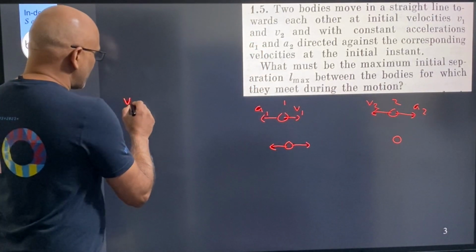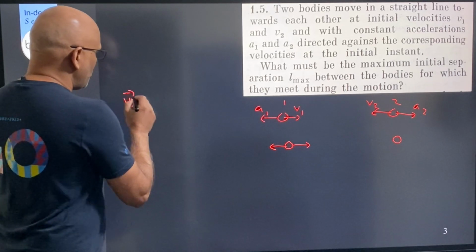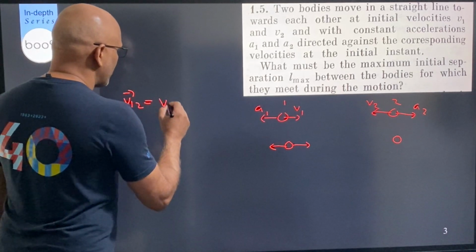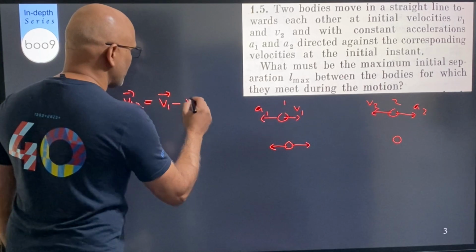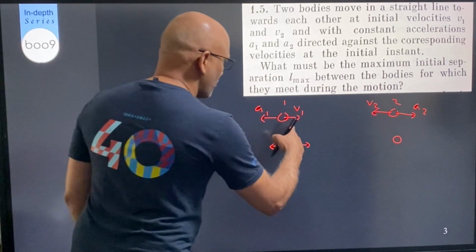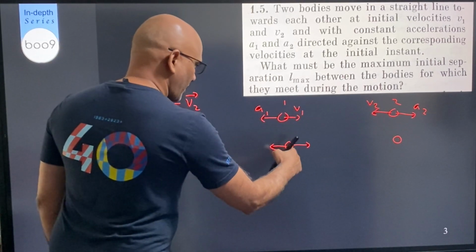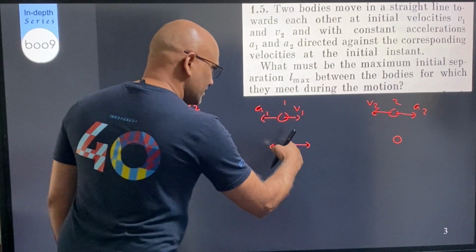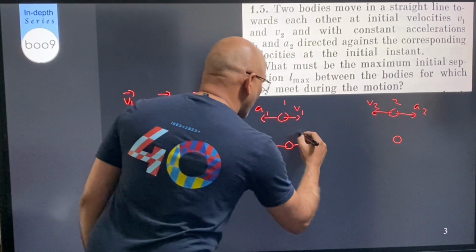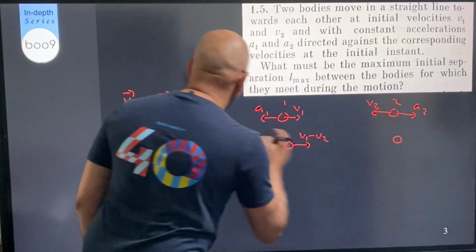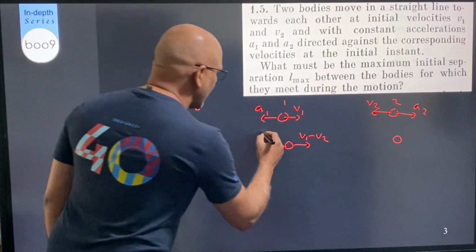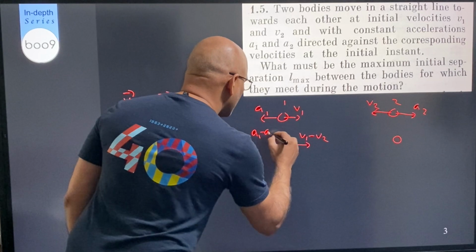The relative velocity of 1 with respect to 2 is by definition velocity of 1 minus velocity of 2. So the relative velocity of this with respect to this is going to be v1 minus v2. Similarly, acceleration is going to be a1 minus a2.